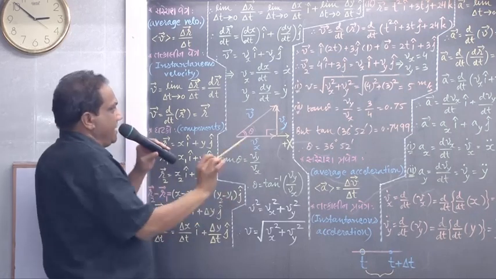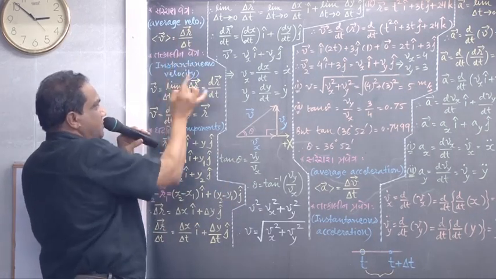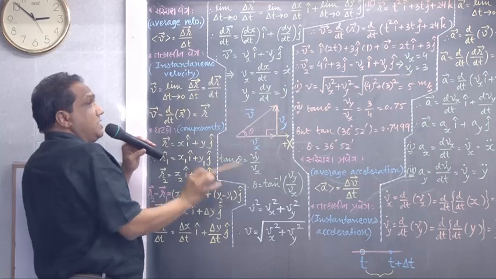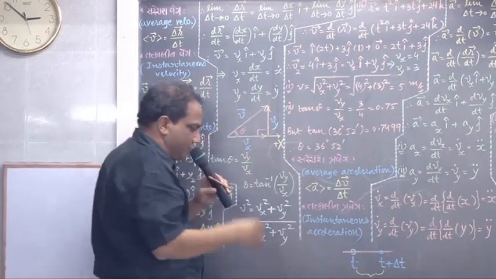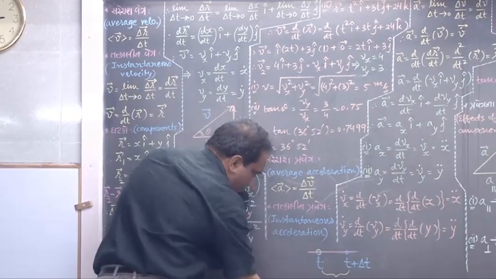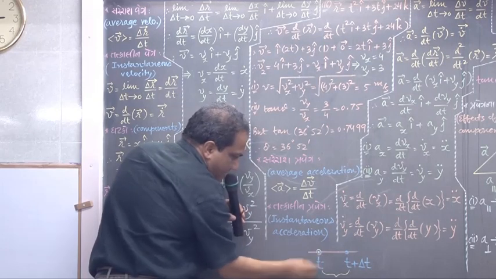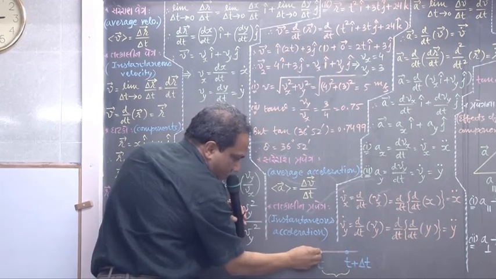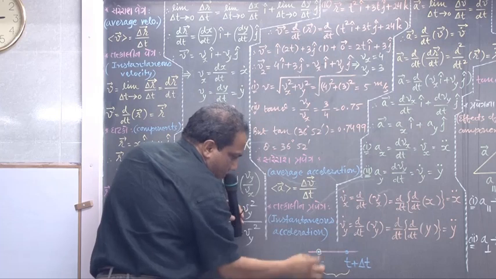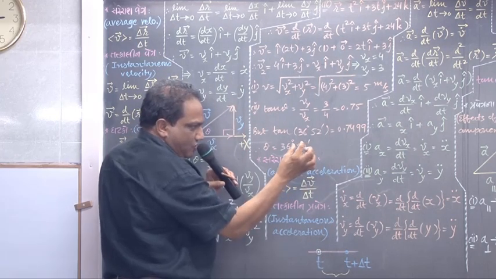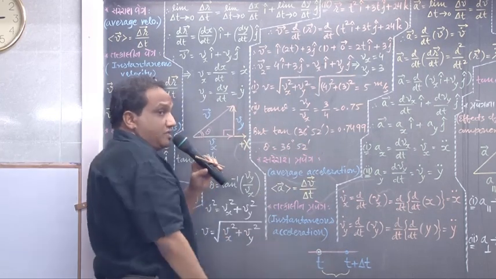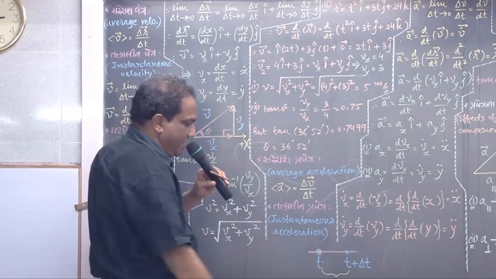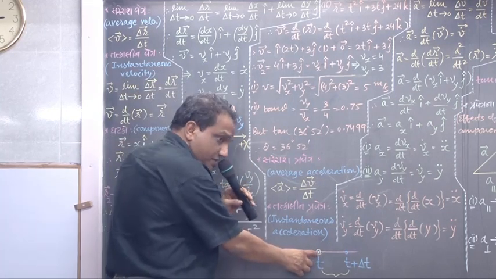Right? And then if you are finding the average velocity with this limit, you are finding that average velocity between two instants of time, one is t and another is very close to that. So these two instants of time are very close to each other, as if you are finding that velocity almost at this instant.